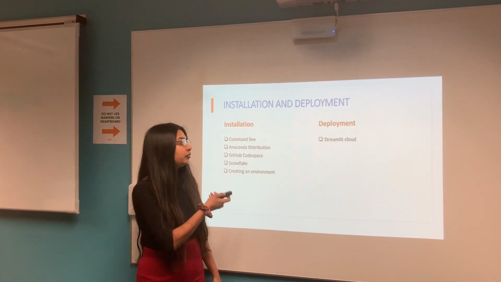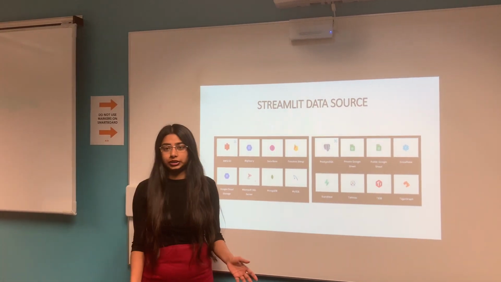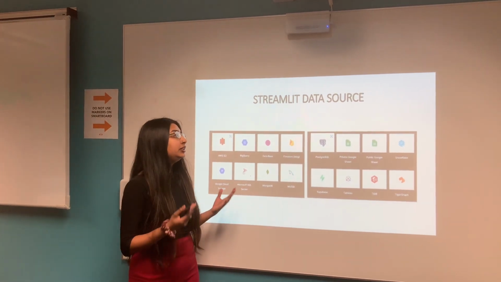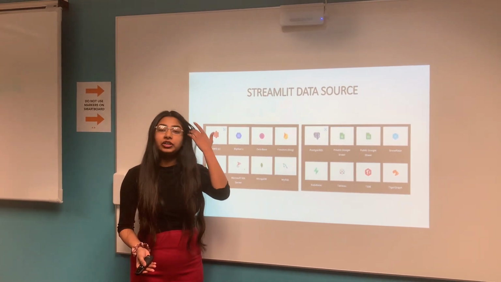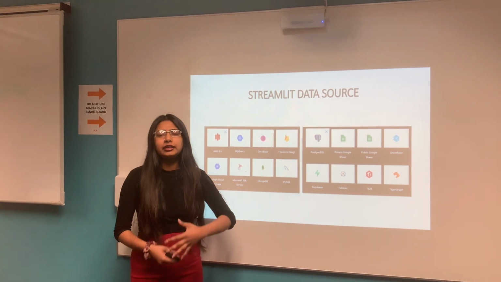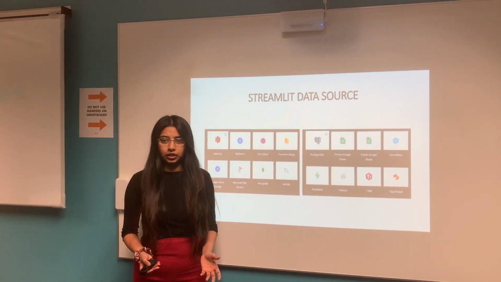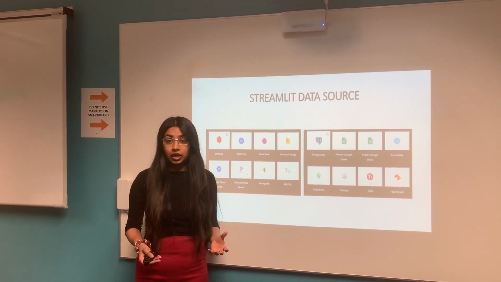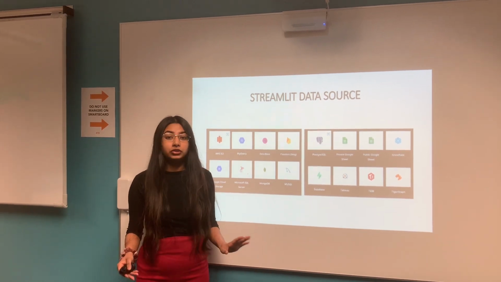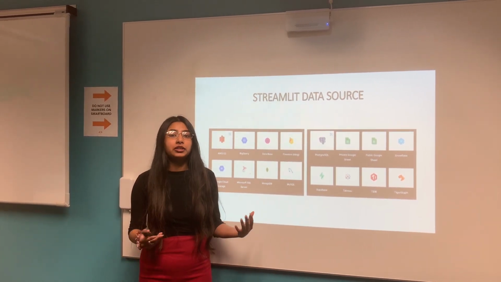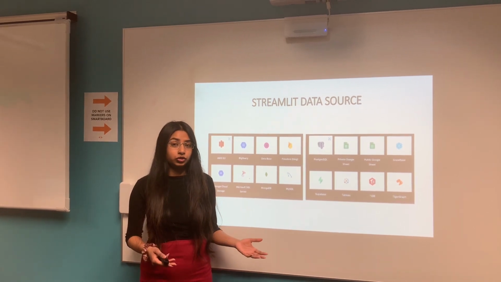So moving forward, of course, let's talk about the Streamlit data sources. So Streamlit is the kind of package that cannot really store local data. In order to store data in Streamlit for the long term, we have to come up with certain other ways and certain other solutions.